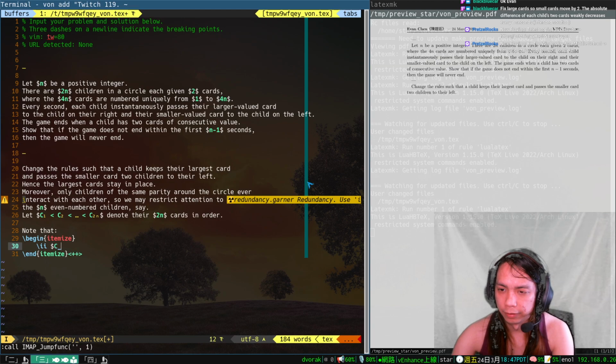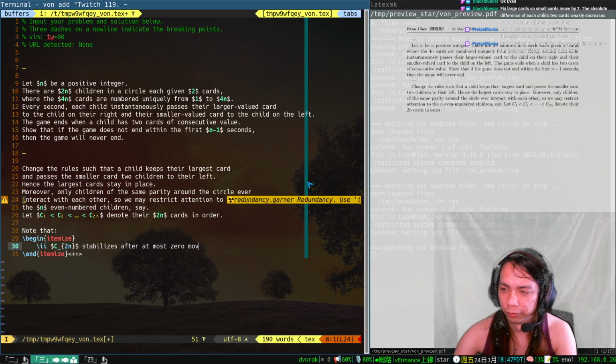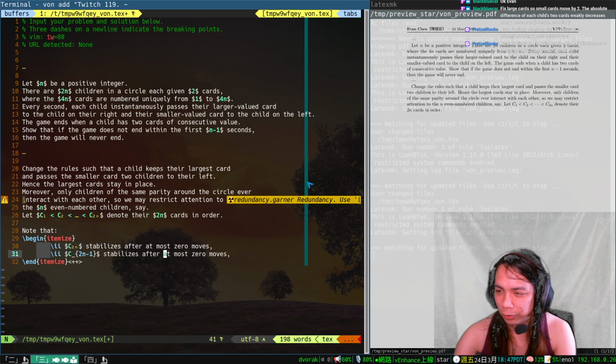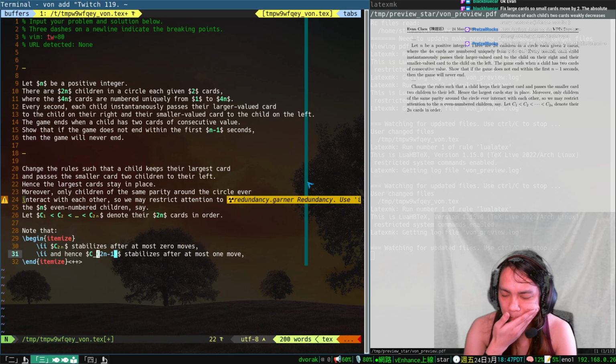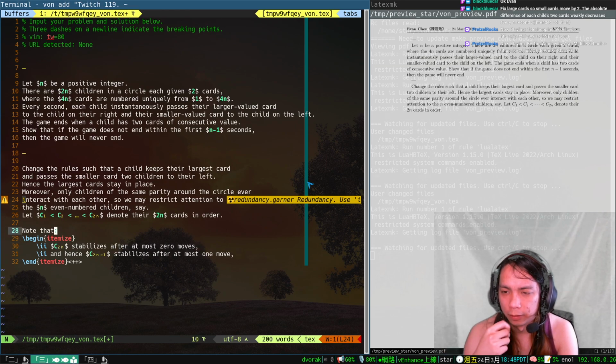Note that C2n stabilizes after at most 0 moves, at most 1 move, and hence... actually I don't even care about this. Right, because the whole point of the rating argument is that I'm not paying attention to which card is which.